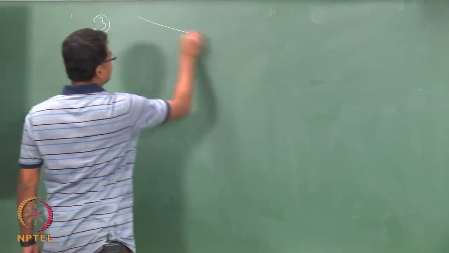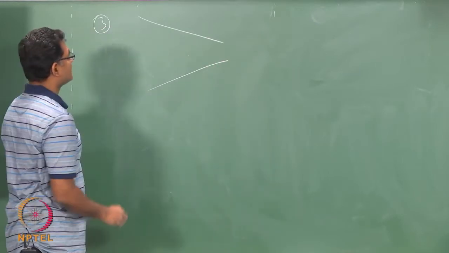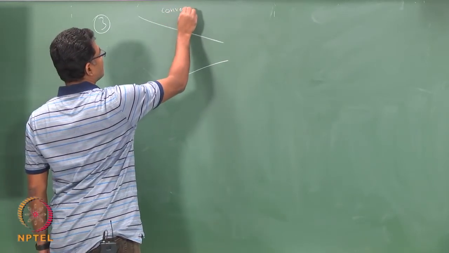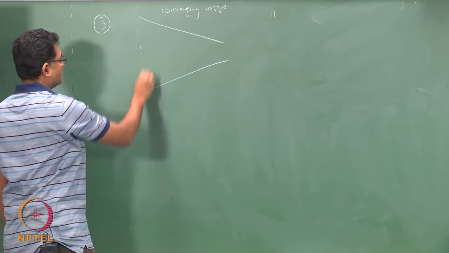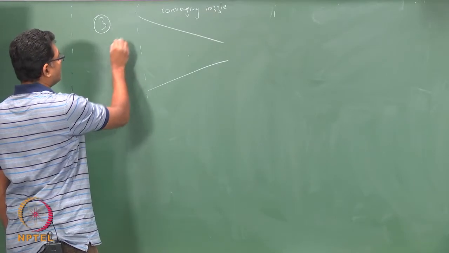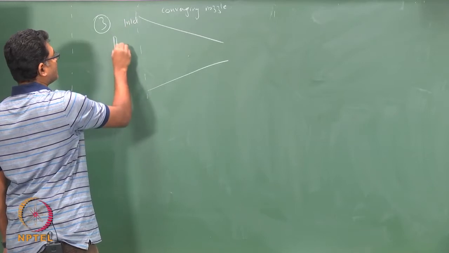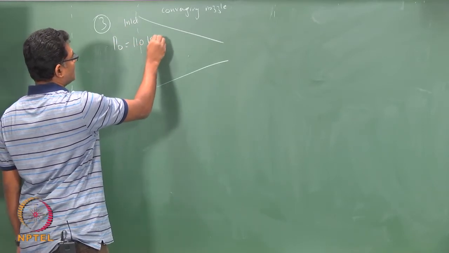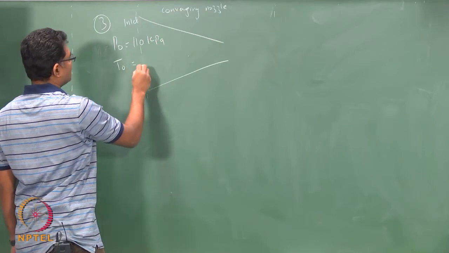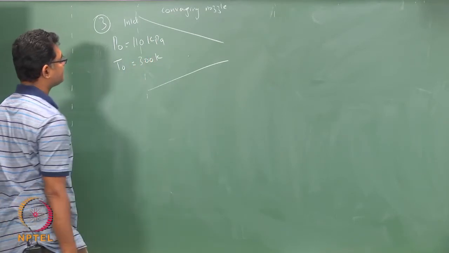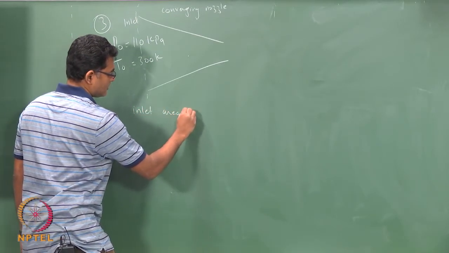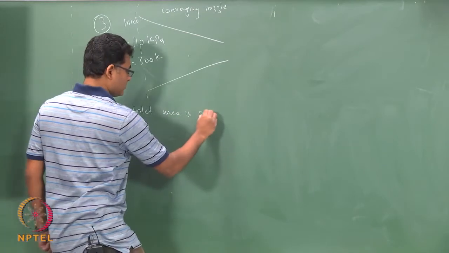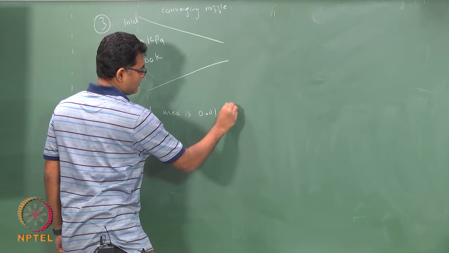Okay. So, we will do the third question, again converging nozzle. So, the inlet stagnation pressure is 110 kilopascal, T0 is 300 Kelvin, the inlet area is 0.01 meter square.